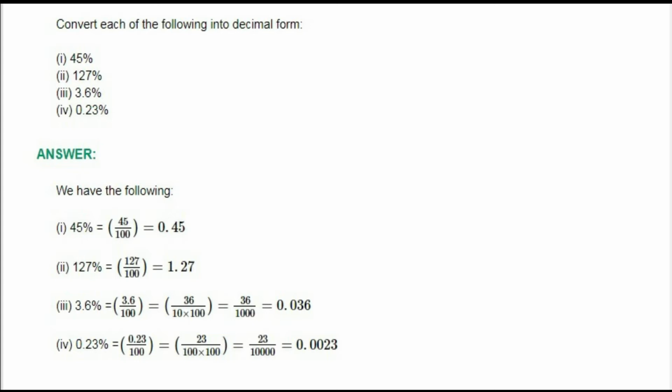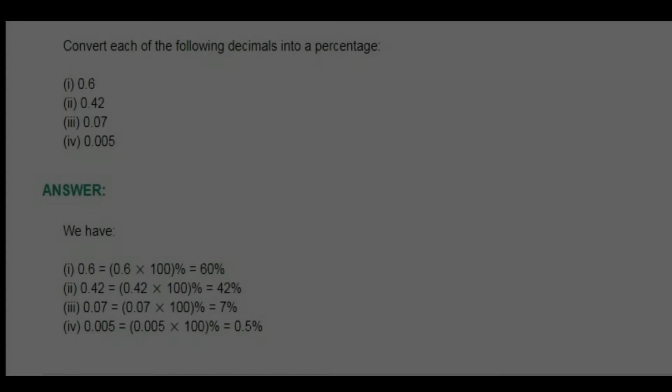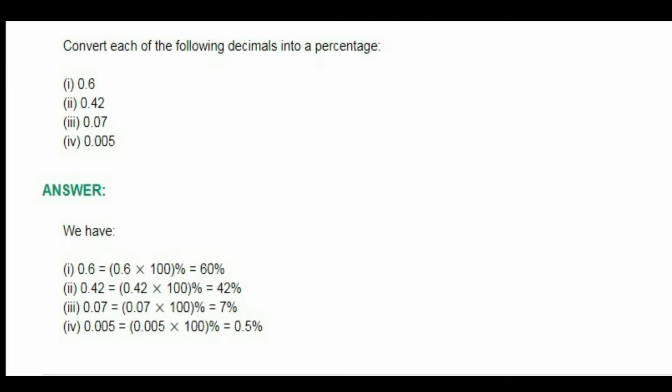Again, in case of 127%, you can see that 127 by 100, so 127 divided by 100, so again after the point there should be 2 places, right? So we can write 1.27.